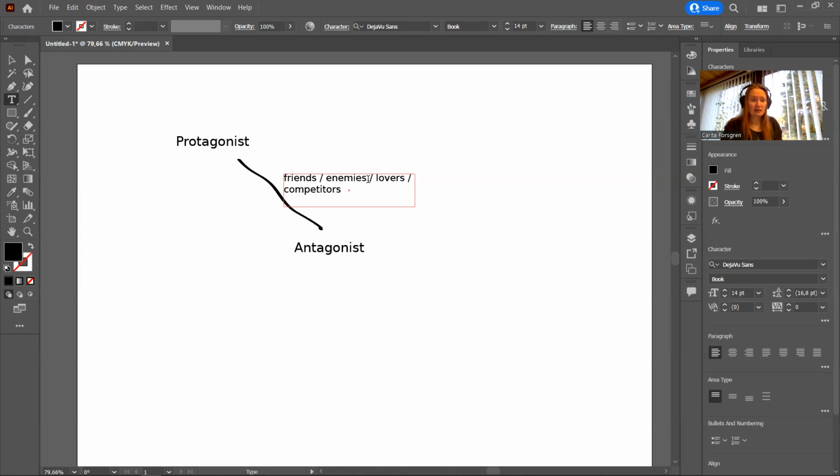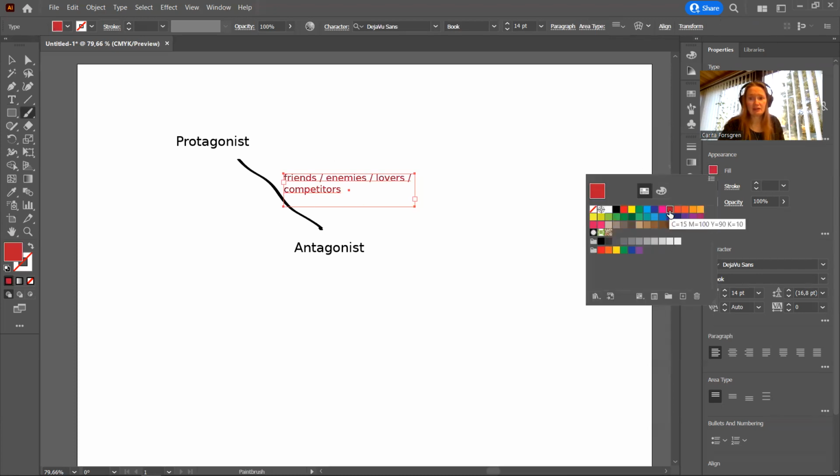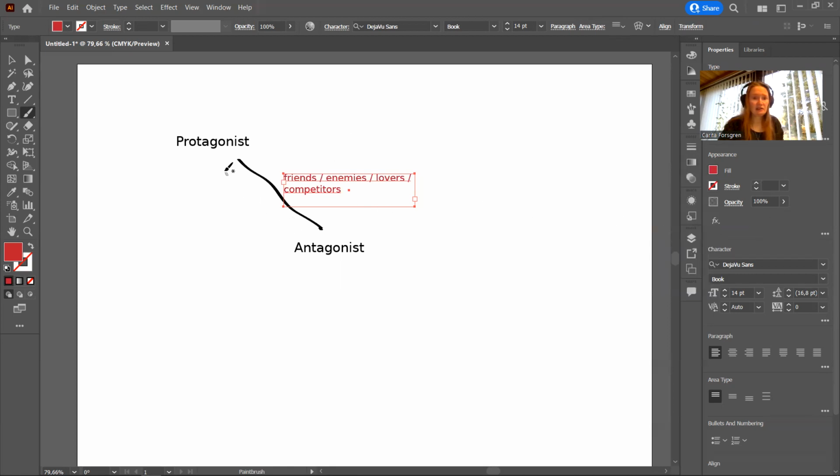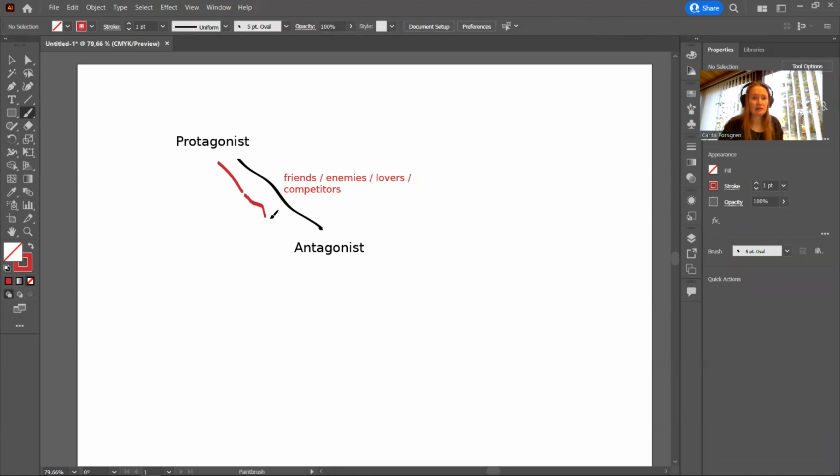So the nature of the relationship is what I'm trying to map here, and that's usually the purpose of these maps. And these might also be changing, and they might not even be the same for each other. One of the characters might feel really friendly to the other, but the other one is different.